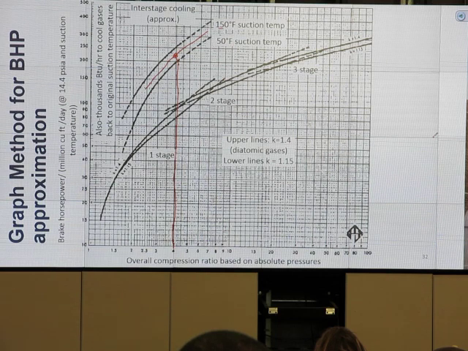When I do the compression, the temperature will go up, but if I want to come back to 100 F, how much heat do I need to remove? I read it, and this is about 220,000 BTU per hour to cool the gas back to the original suction temperature. So there are two pieces of information on this graph. Good.